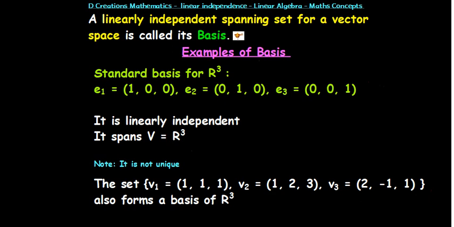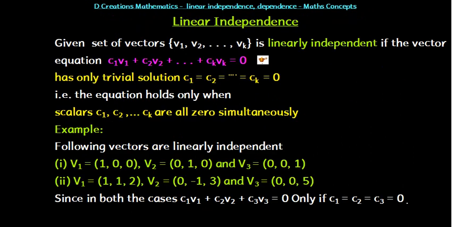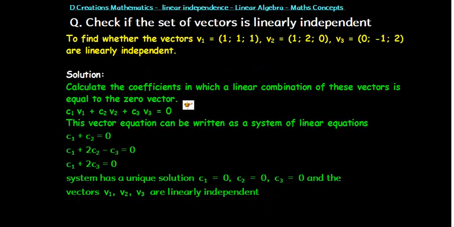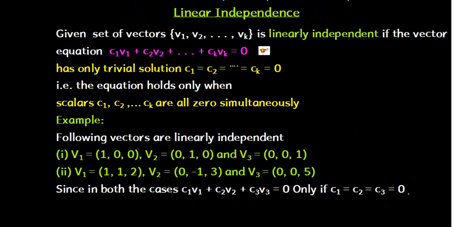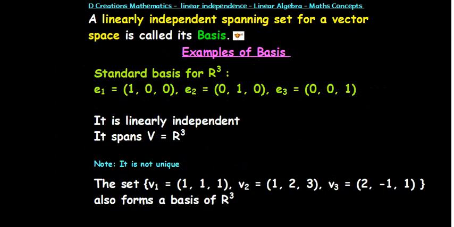So for example, earlier we had shown the linear independence. Similarly, you have to do it there. But what is the main point that we are dealing with here? The main point is that a basis is a linearly independent spanning set for a vector space.